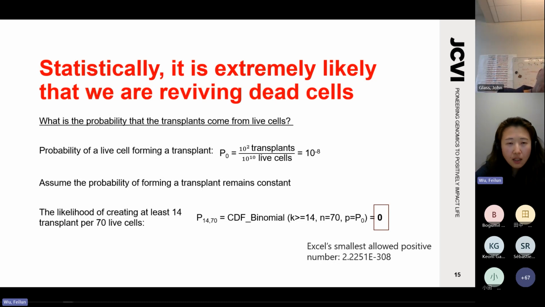Using Excel, Excel basically put out 0, and the smallest number that's allowed in Excel is 2 to the negative 208, which is practically 0.